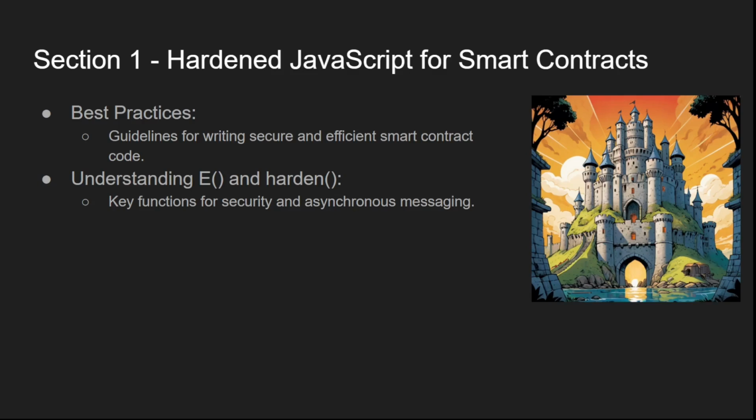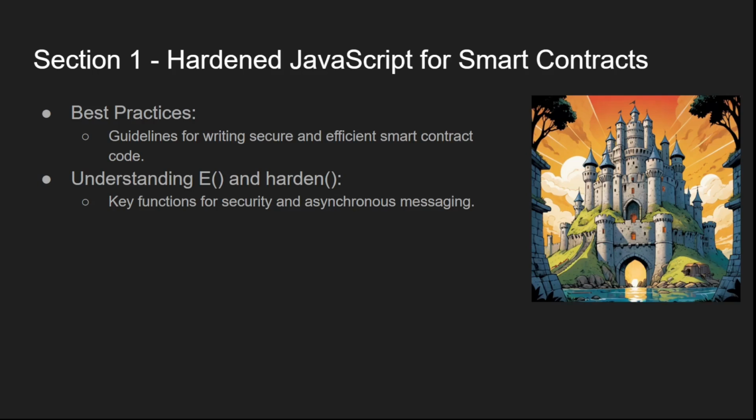Two of the most important functions you'll use in Agoric are the E and harden functions. The E function is used for asynchronous messaging, establishing secure and efficient interactions between objects without blocking the execution of your program. This is especially important in a distributed system where operations can be delayed due to network latency.